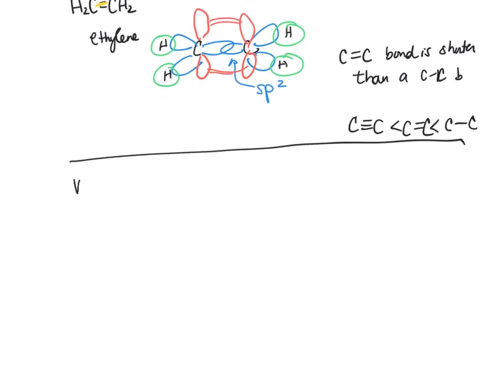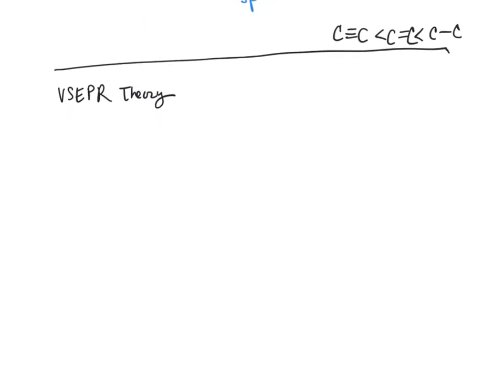It's important to remember VSEPR theory, that's valence shell electron pair repulsion theory. It's a very old, simple theory where we're just saying that electrons and bonds, which contain electrons, want to be as far from each other as possible.